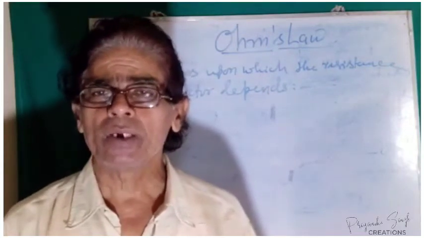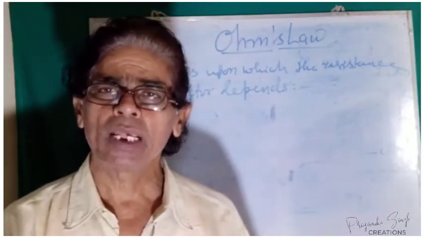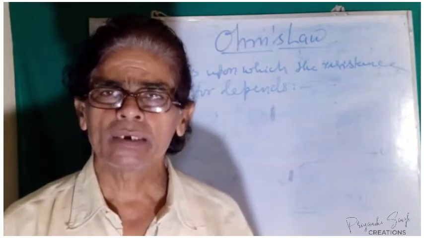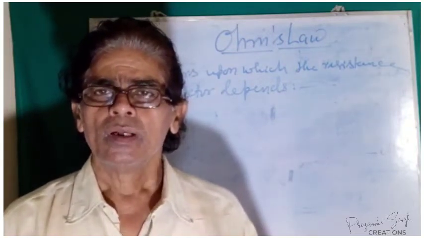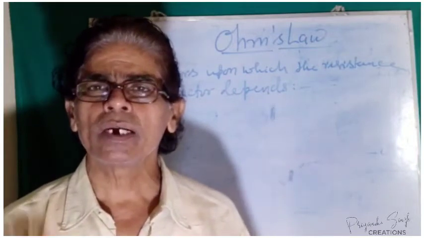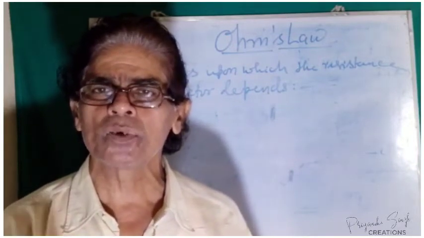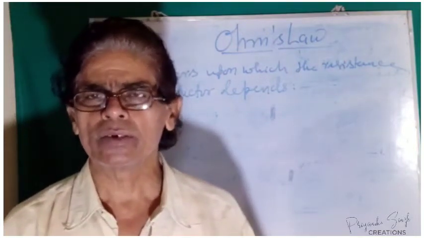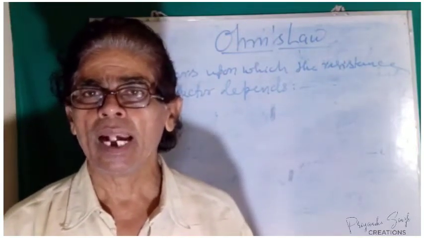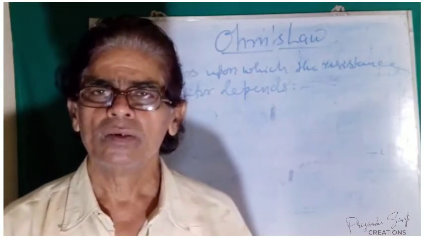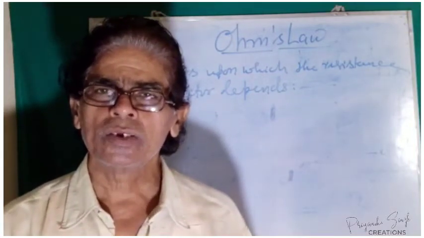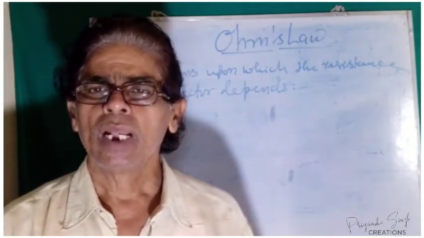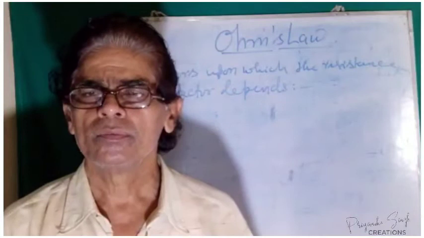At a given temperature and for a given material of the conducting substance, the resistance of the conductor is directly proportional to the length of the conductor. For a given thickness, temperature and the material, the resistance is directly proportional to the length of the conductor.